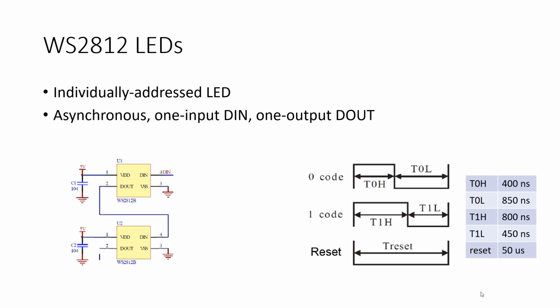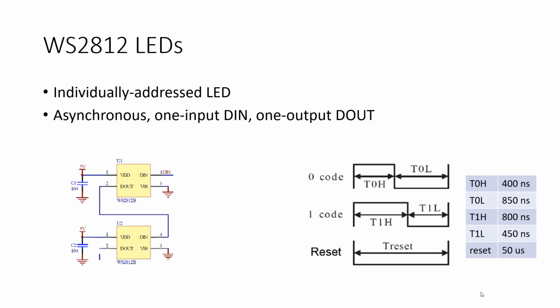And likewise, to send a 1, you add 800 and 450. So either way, it's 1,250 nanoseconds, so 1.25 microseconds per bit, okay? And remember, you're sending 24 of those, so it's going to be 24 times 1.25 microseconds, which is a decent amount of time.